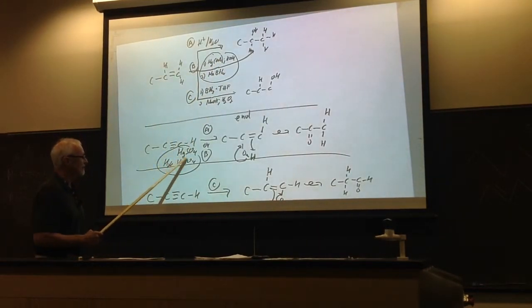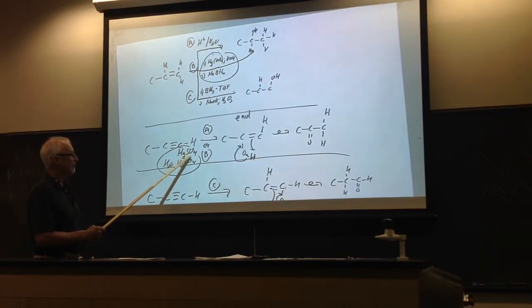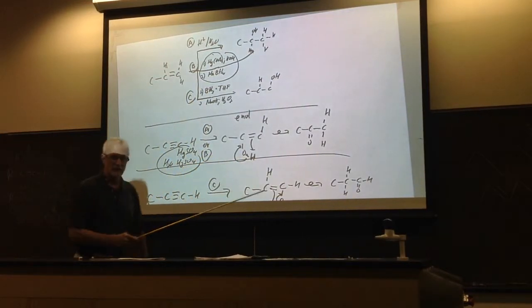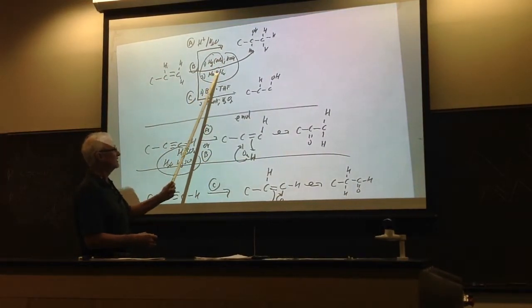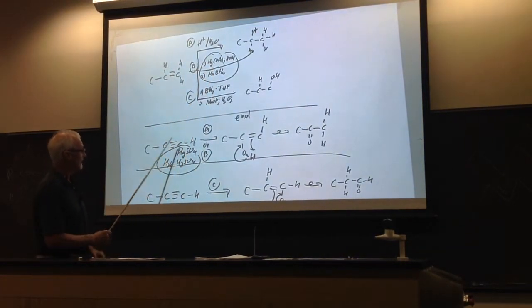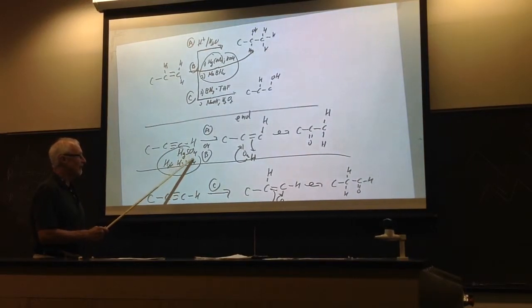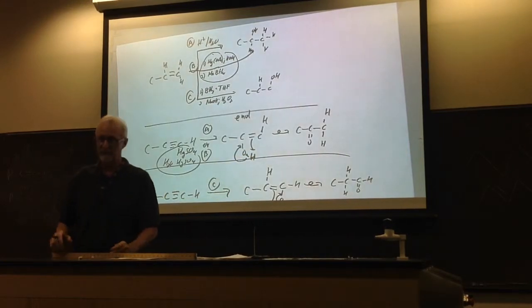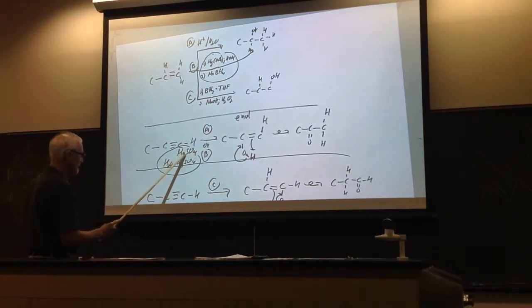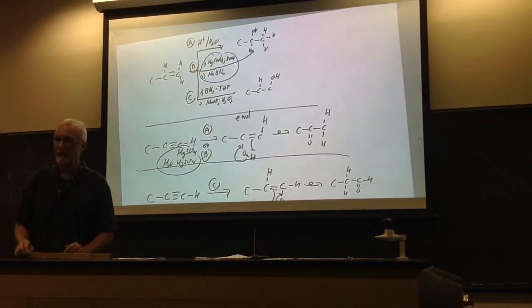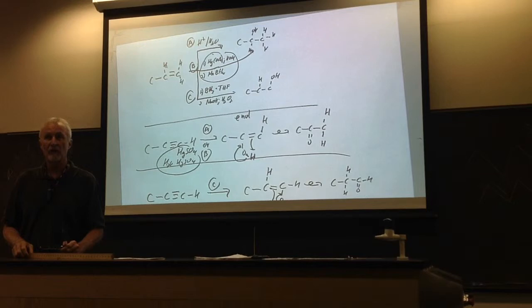But if it's an alkyne, they just add mercuric sulfate, sulfuric acid, and water. They don't need the second step, and they get 1 mole of water added across. So it's a little bit simpler, slightly different. If you see the mercury compound, that's the key. You can add water across the pi bond in Markovnikov fashion.